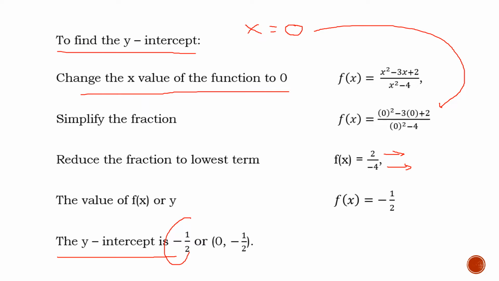Again, when you're asked to find the value of the y-intercept, we always conclude that the x-coordinate is equal to 0. And here, there is a given value of the y-coordinate. But in the given point that represents the y-intercept, the x-coordinate is always equal to 0.